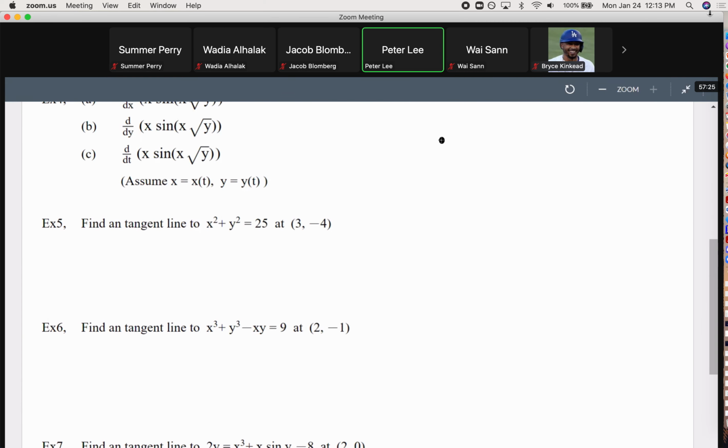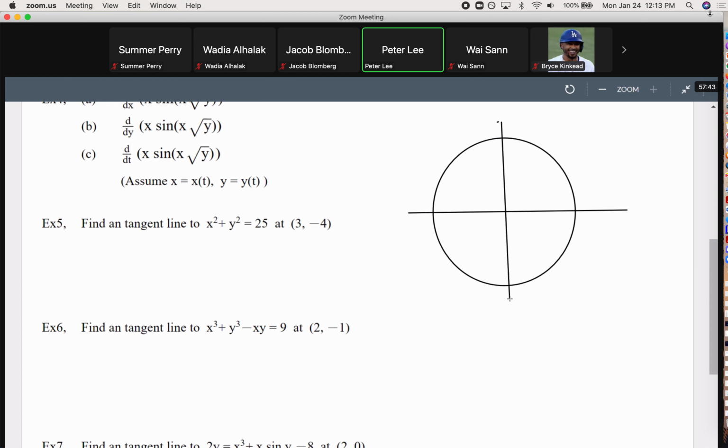It's too thick, so I'm going to make it a little bit thinner. So this is a circle, and the graph looks like this. This is a circle of radius 5, so I can write a 5 here. And of course, the center of the circle is the origin right here.